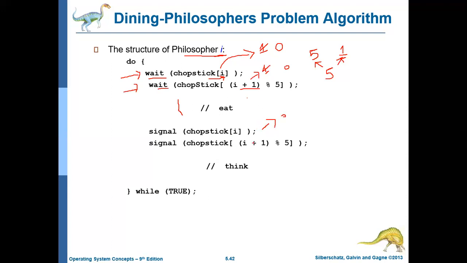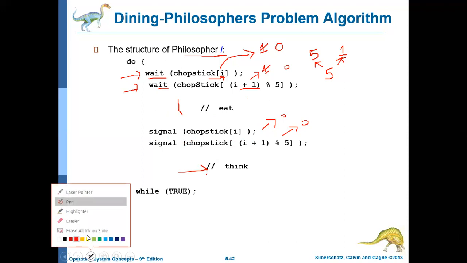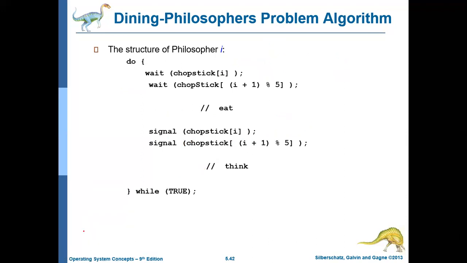When he calls signal on chopstick of I plus 1 modulo 5, the next chopstick also will become 0. Then he comes out of the critical section and he starts thinking, because these are the two tasks he does: either he thinks or he eats. So this is how the solution to the critical section problem is given.